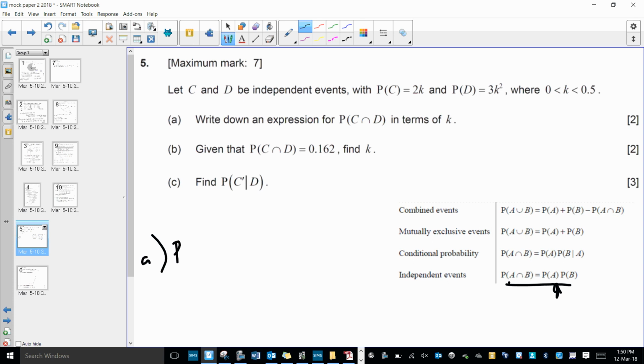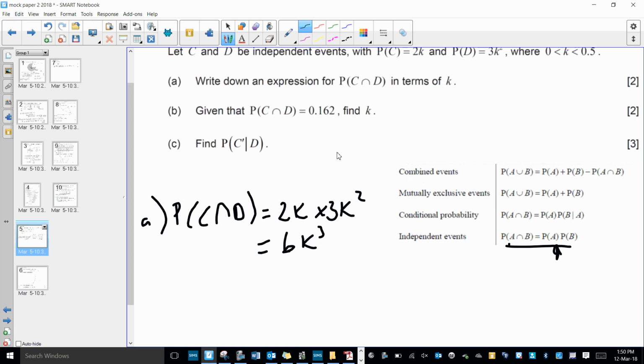C intersect D would be 2k multiplied by 3k squared, which is 6k cubed. And given that C intersect D is 0.162, find k. So we can say that 6k cubed equals 0.162.